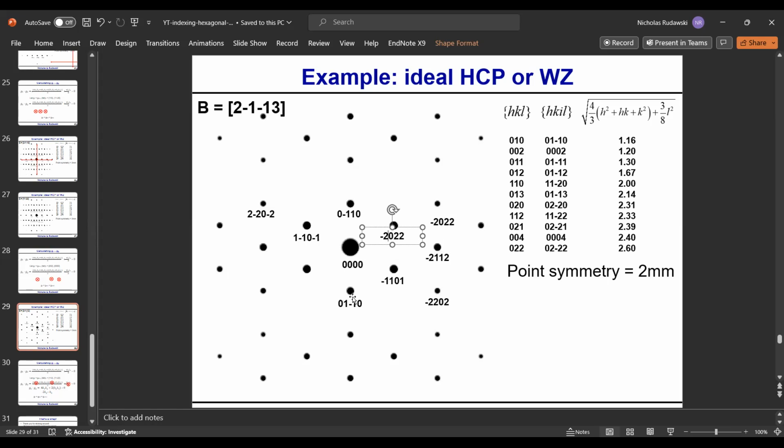Now again, at first glance, you might think, okay, 6 mm, but it's not. These are not all the same 60-degree angle. This is actually 2 mm point symmetry. So we showed it when we did the measurements that we weren't at that 0.577 like we were when we did the C-plane example at the beginning.